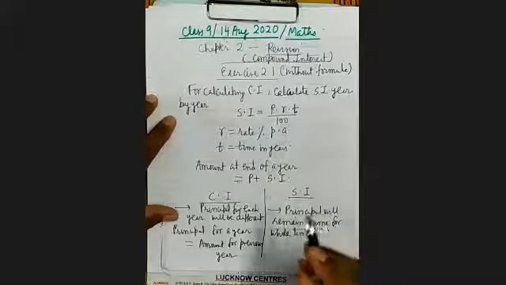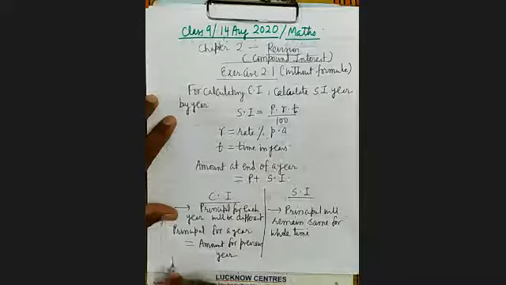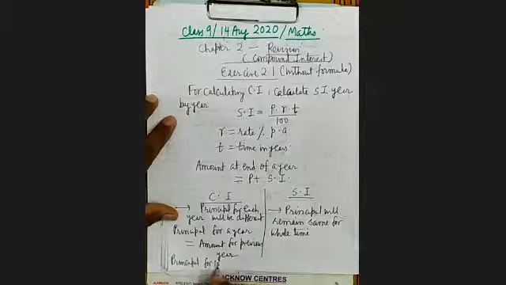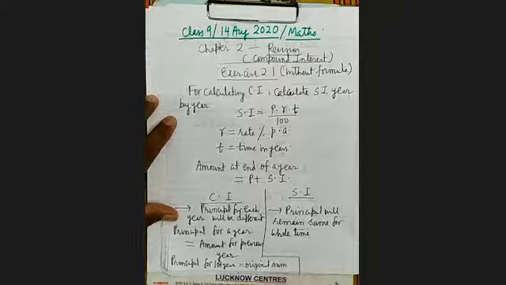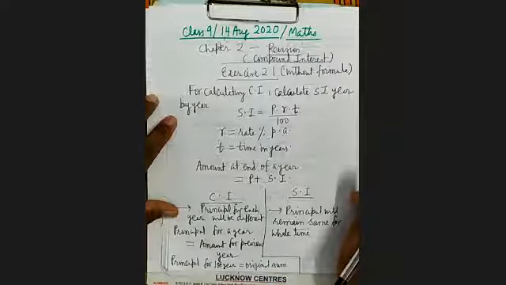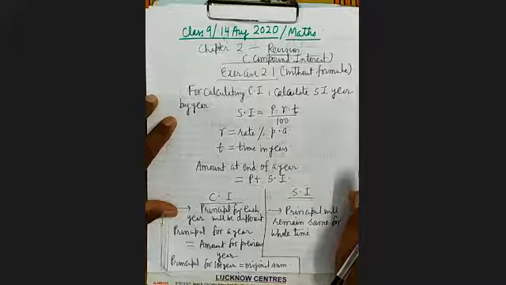It will be the original sum. Principal for the first year equals the original sum. Is this point clear? Yes, sir.